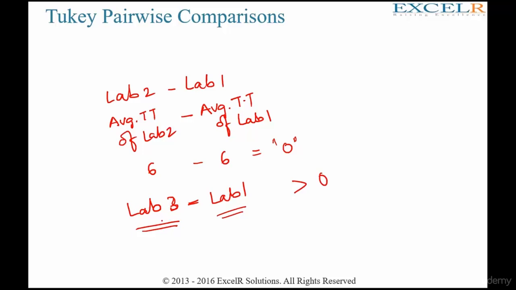Think about this. If lab 3 transaction time is higher than lab 1, how would the scenario be? For example, maybe average transaction time is 8 here and maybe 2 here. So if lab 3 is greater than lab 1, always the differences will be greater than 0.